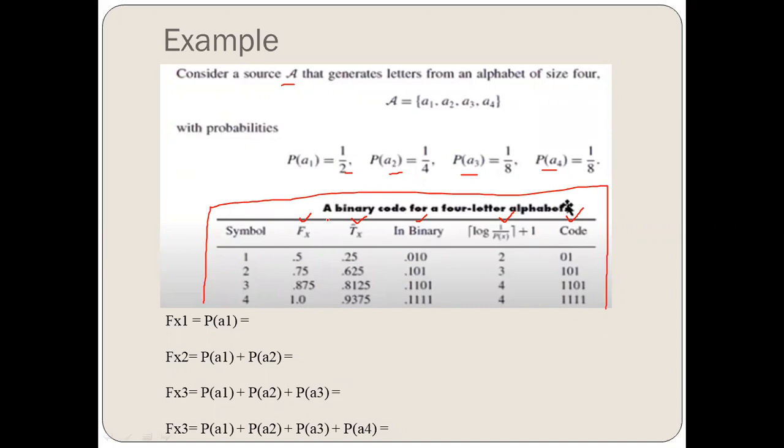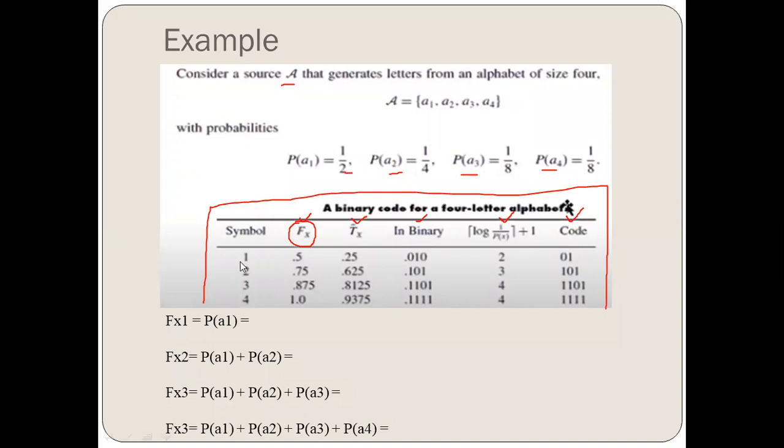First of all, we are going to find the Fx, and the second thing is we are going to find the Tx. Now, when we find Fx, the first thing is Fx is always the sum of the probabilities, right?